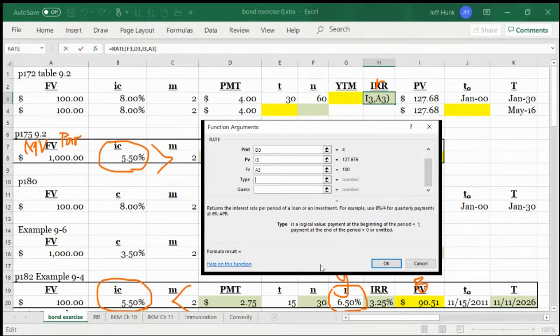An annuity due is when the payment is made at the beginning of each period. Now, if you buy a bond, you don't receive a coupon payment to begin with, right? You will receive a coupon payment at the end of the first 6 months, right? Make sense? So it's an ordinary annuity, right?